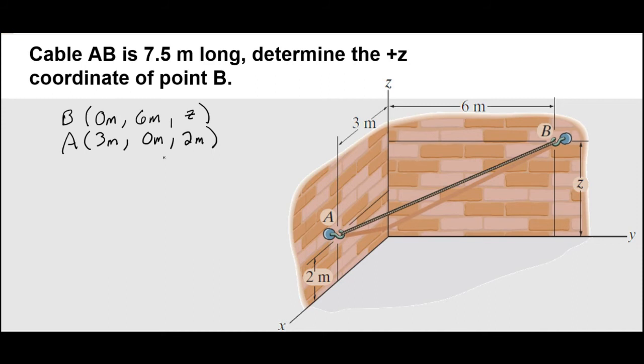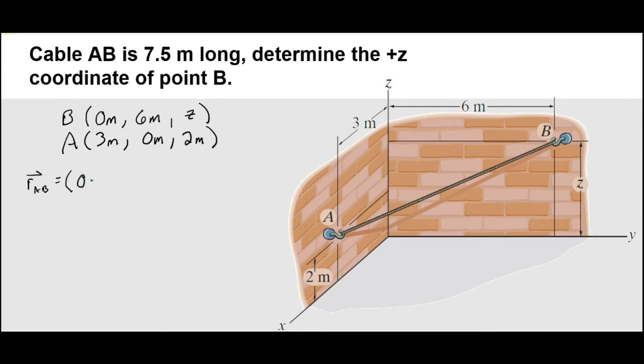Now when we define a vector going from A to B, let's call that RAB, and this is a vector equal to a subtraction between these terms to define the i, j, and k components.